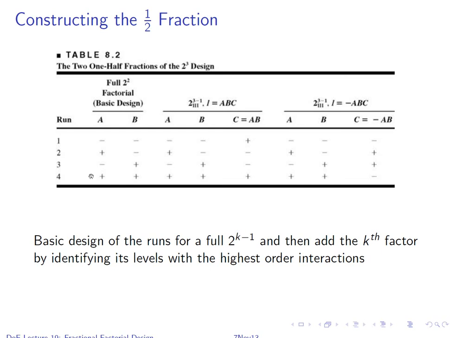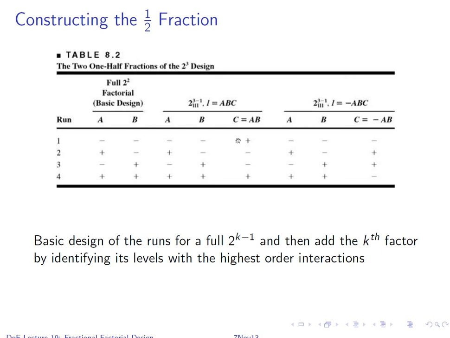The next step is to add the 3rd factor. And you see 2 ways of doing it. In the first case, it uses the defining relationship where C is equal to AB, the interaction AB, the product of the 2. So then I have my 3 factors. Or the alternate fraction where I have C equal to minus AB. So I literally take the product of the 2.